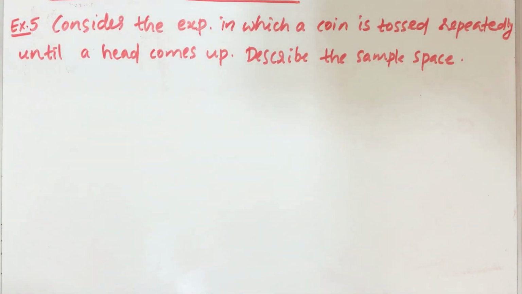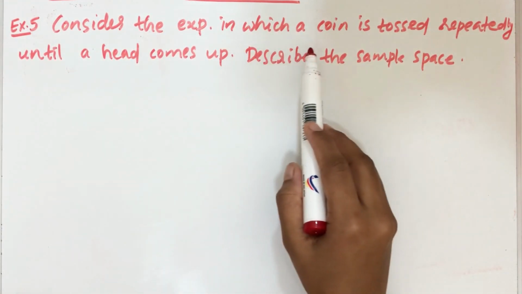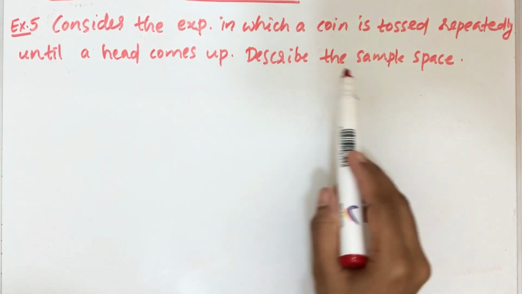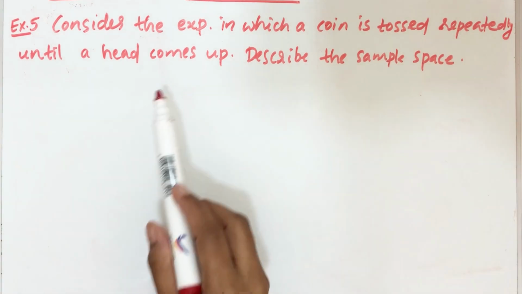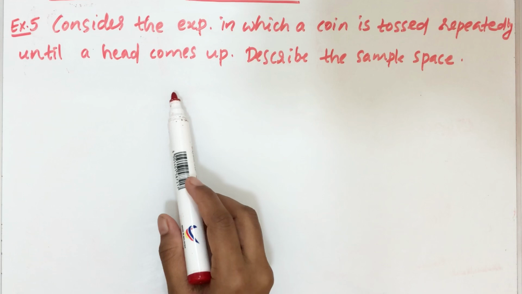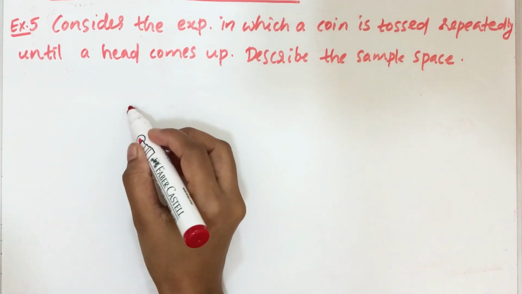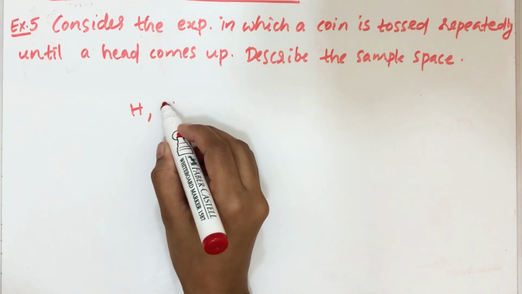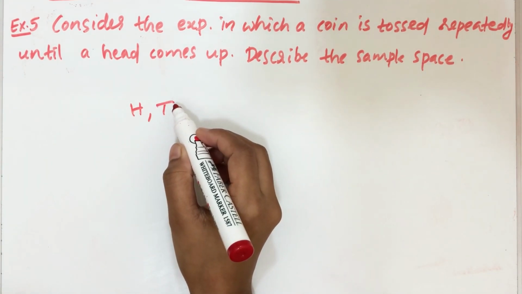The last example. Consider the experiment in which a coin is tossed repeatedly until a head comes up. Describe the sample space. See here, if in the first toss head comes up, then we can stop. That is, we can take H. If in the first toss a tail comes, then we have to toss again.